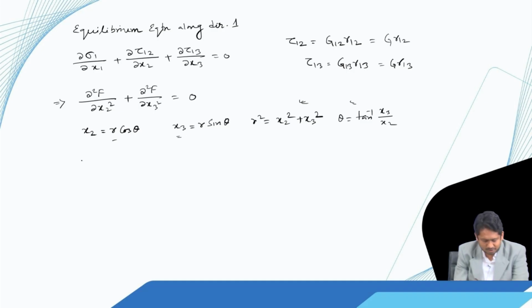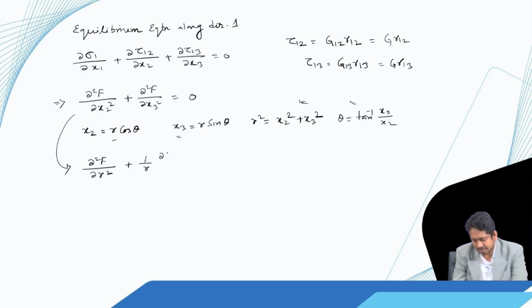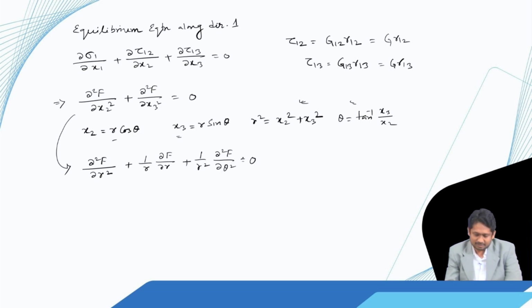So, if we put these considerations in this equation, then this equation turns out to be del 2 f by del r 2 plus 1 by r into del f by del r plus 1 by r square into del 2 f by del theta 2.